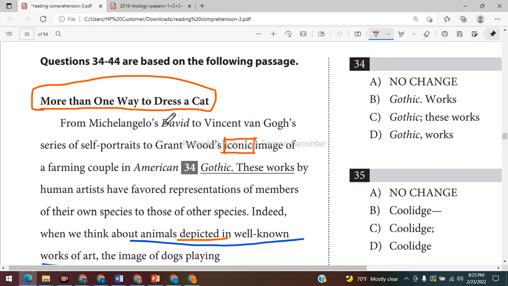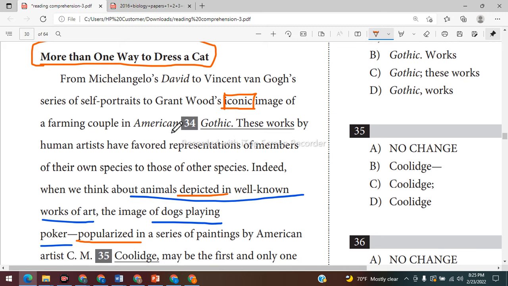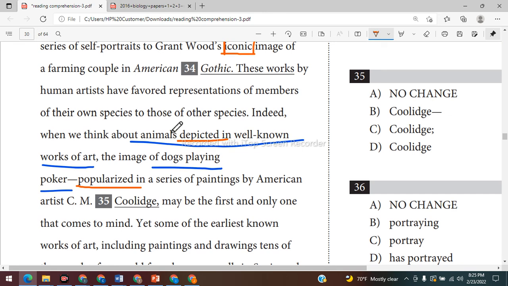First they talk about Michelangelo's painting of David, and other portraits of humans. They're saying that's not the only thing people do. They also have humans depicting animals. In one such painting, we have dogs playing poker. Anyone ever see a picture of dogs playing poker?